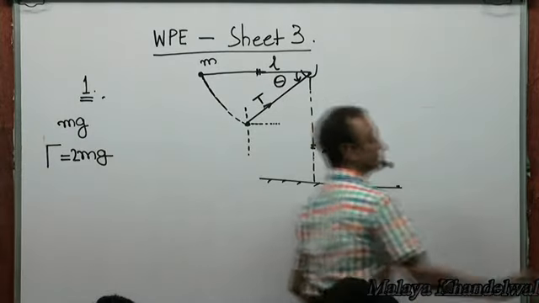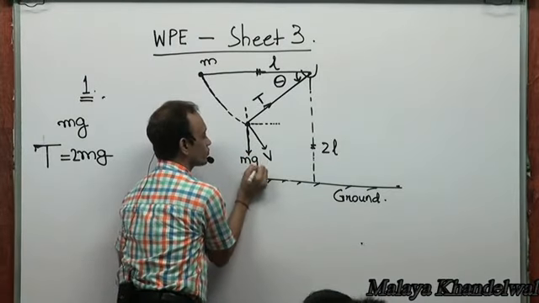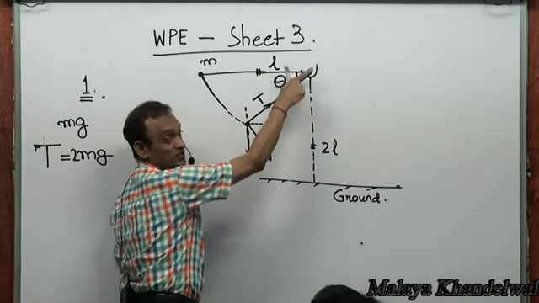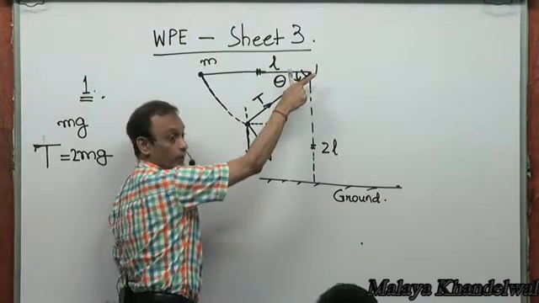So there would be a velocity v at this instant, perpendicular to the string, because the string length designates the radius. Now the forces acting on the bob: there is mg downwards, and there is T this way, 2mg. These are the only two forces acting on the bob.